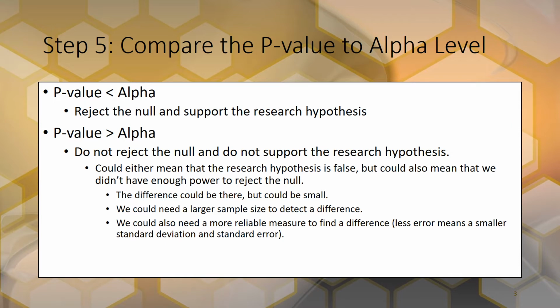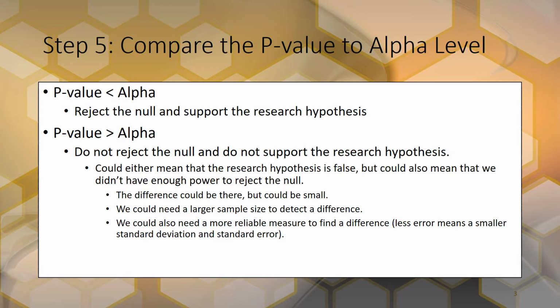But it could also mean that we don't have enough power to reject the null and to find support for our research hypothesis. The reason could be that the difference in the population is really small, so it's really hard to detect. Or it can mean that we didn't have a large enough sample size to find that difference, whether it be big or small.